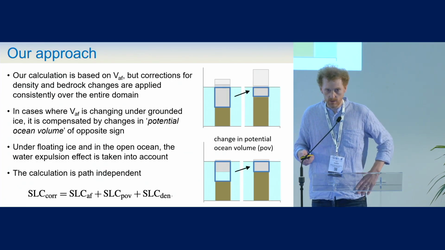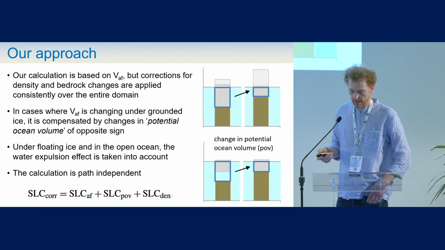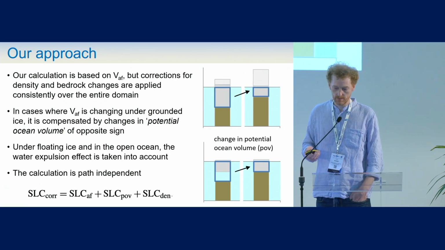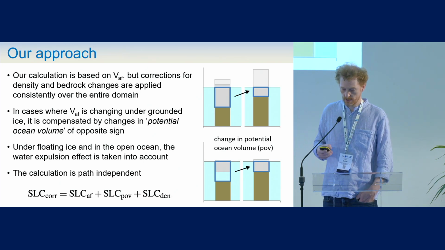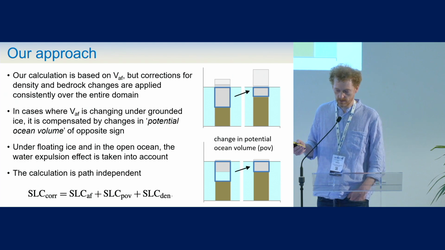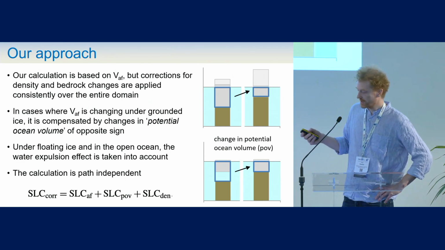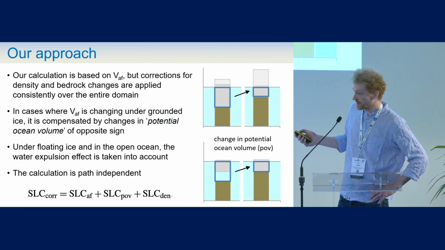Okay, so in our approach, we're basically avoiding that by calculating based on volume above flotation, but then applying corrections for density and for the bedrock changes that are happening. We're doing that by considering what we call changes in the potential ocean volume, as you can see here.